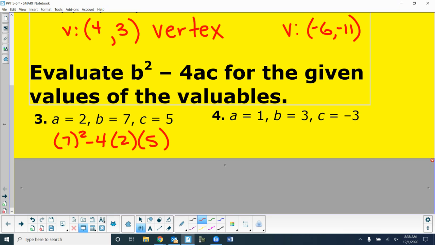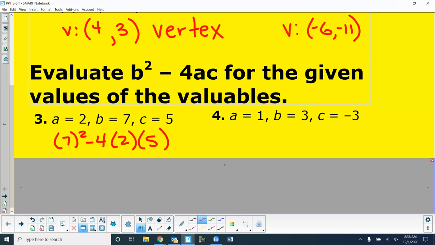Okay? We've learned how to solve by graphing, which is where the parabola, if it opens up or down. How do we know if it opens up? What's positive? The a value is positive. If it opens down, the a value is negative. Right, Trent?